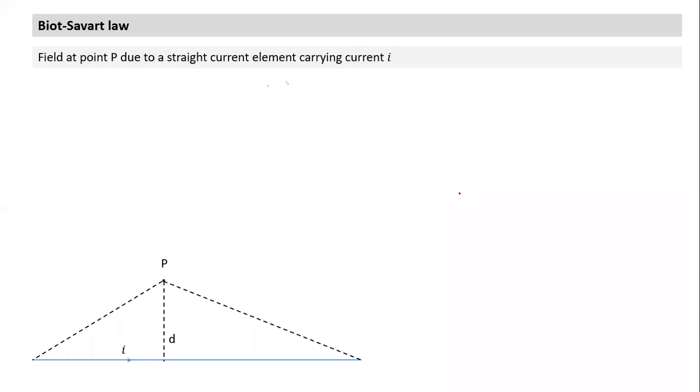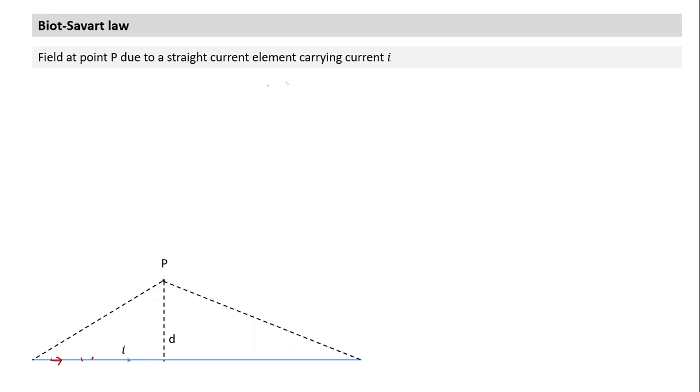Okay. Similarly, we will not go into the derivation. If it is a finite straight element, here also, if we take any particular element, I find the point P lies on the left hand side. And the field at point P due to each element will be perpendicular to the plane of the figure, and hence for all elements, everywhere it is on the left hand side.